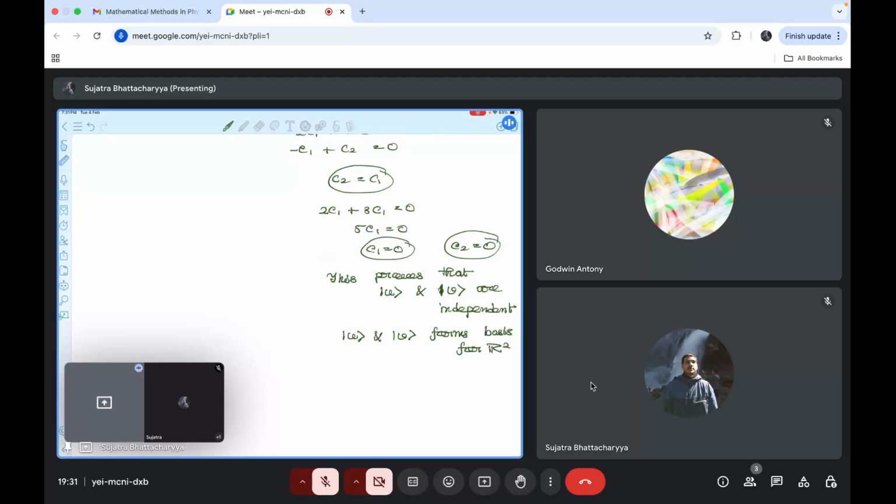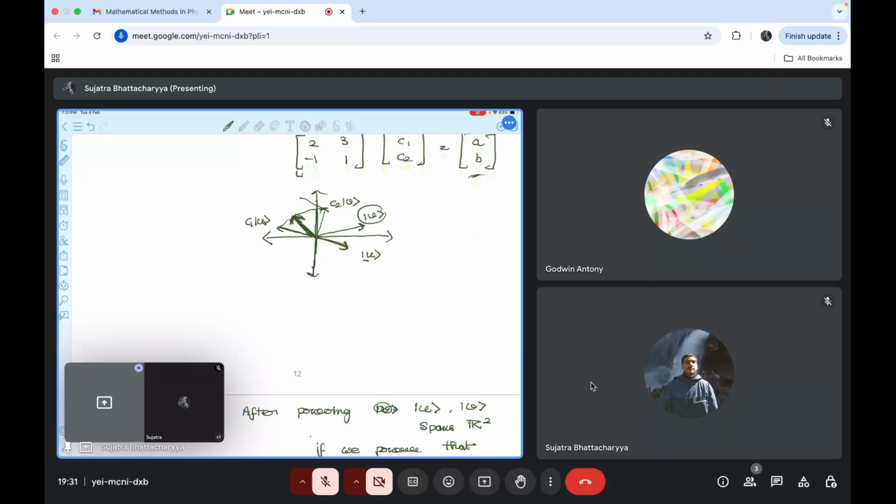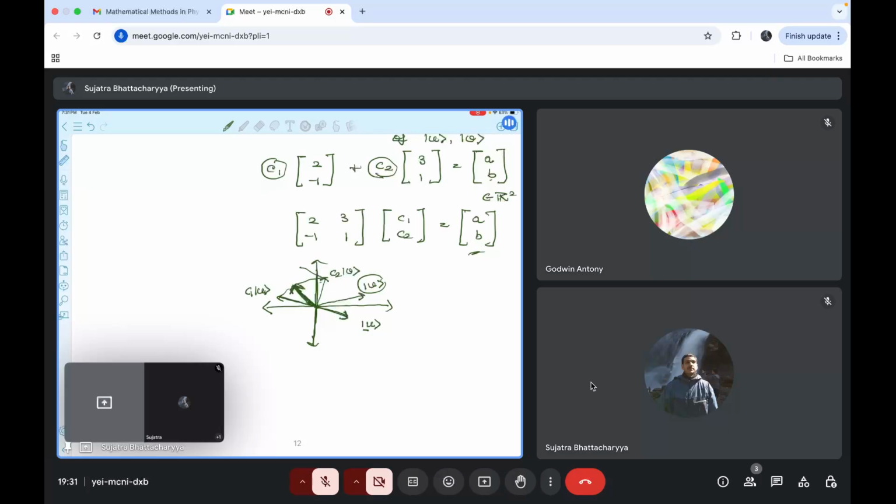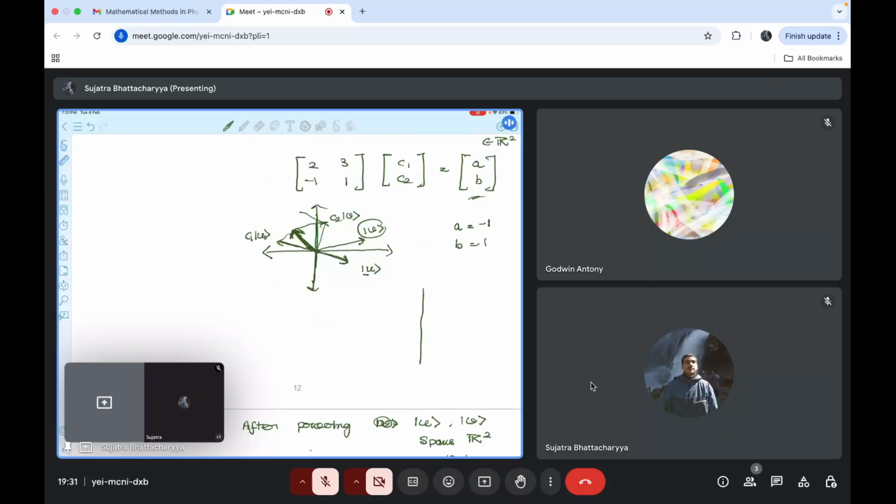Okay. Now my idea was that we can show this graphical representation using some a and b value. Let's say we take a as minus 1 and b as 1, suppose. Let's see whether I can show it.